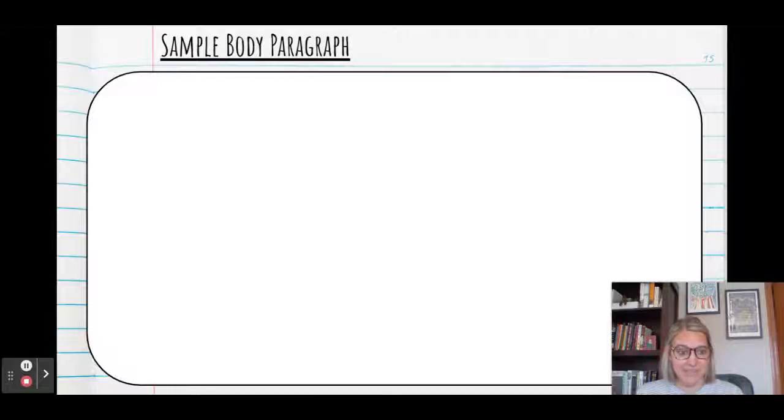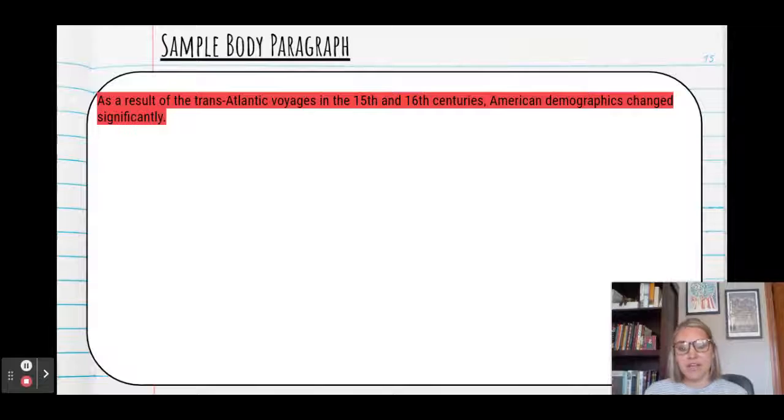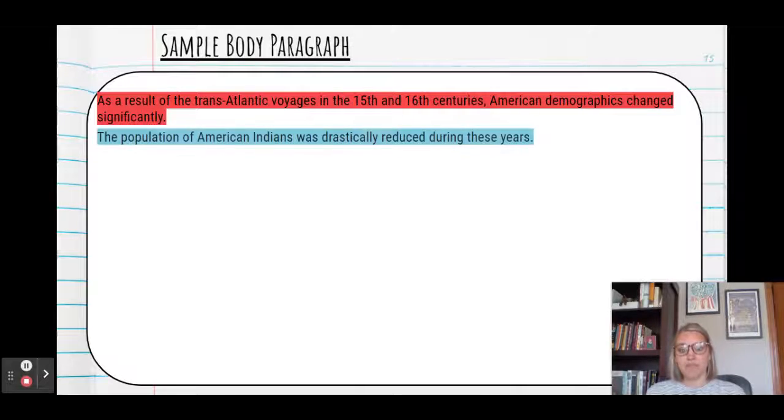Now I'm going to give you this sample body paragraph. Here is your topic sentence. As a result of the transatlantic voyages in the 15th and 16th century, American demographics changed significantly. Pretty simple. In fact, I'm taking this basically straight from my thesis. Perfectly fine. The population of American Indians was drastically reduced during these years.